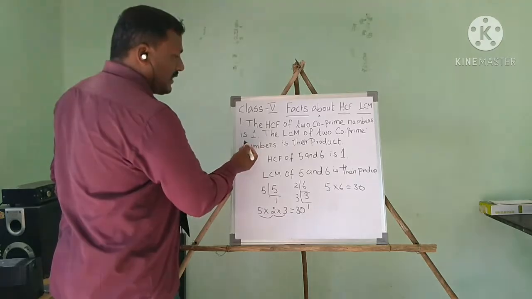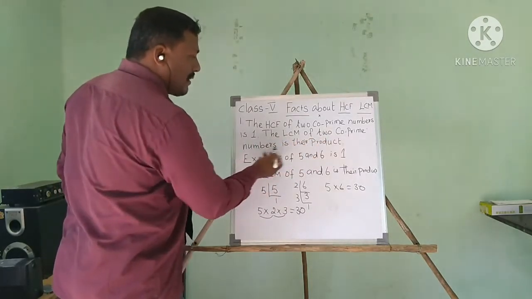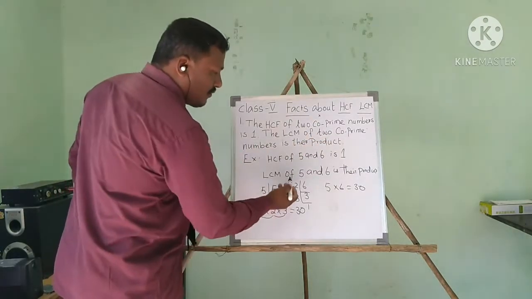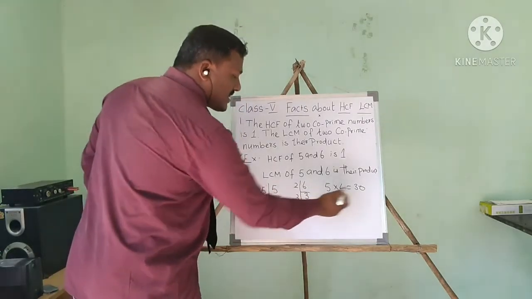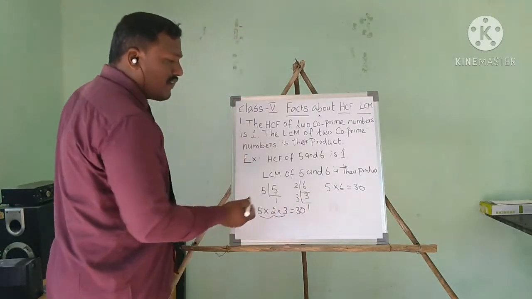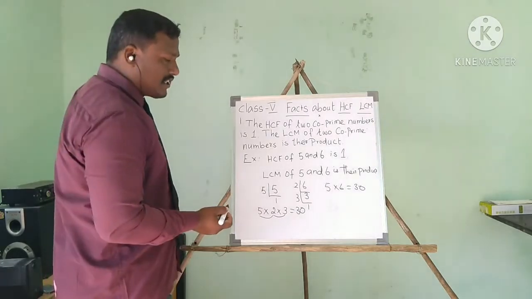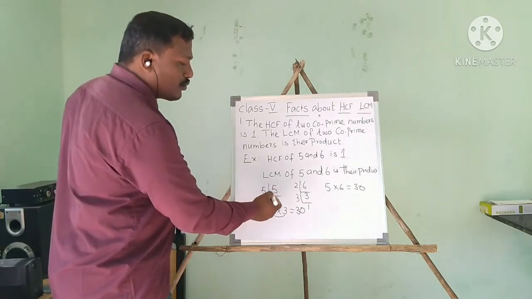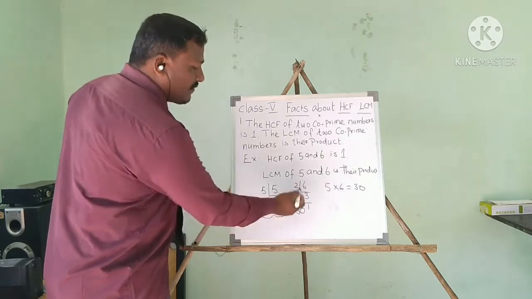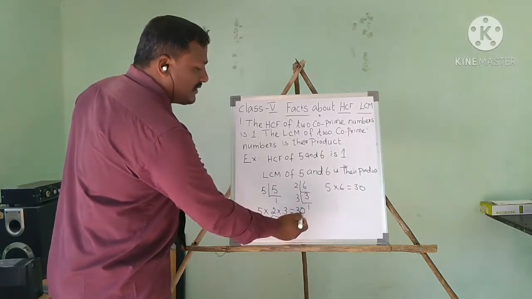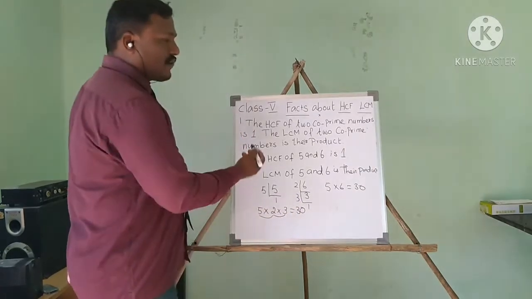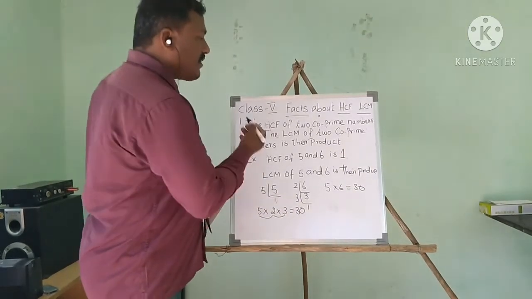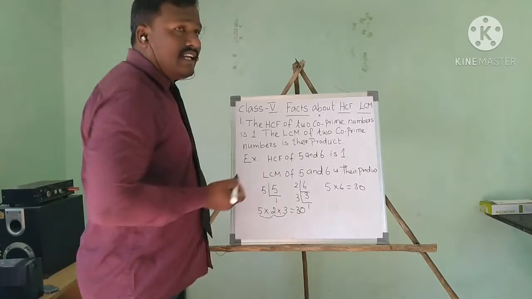That's why the LCM of two co-prime numbers is their product. You can find it either way, using the method you know for the least common multiple. This is the first fact of HCF and LCM.